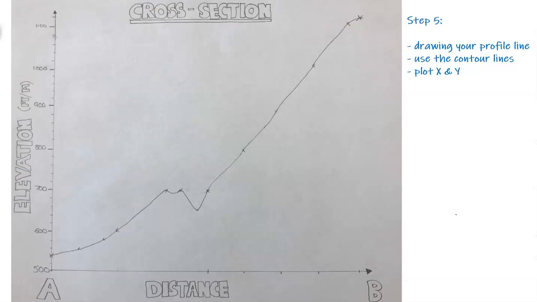All right, so step 5, I've drawn my profile line, my cross-section line. As you can see, my elevation y-axis is good, distance is there, and what I've done is I just marked off mostly half of it.